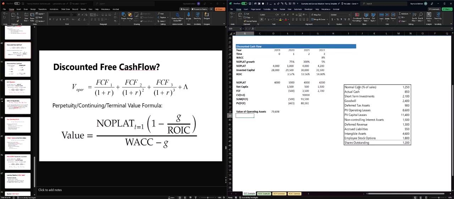So let's start with normal cash. Do we include it or not? Well, normal cash is what we use to run the business, and that should be part of the invested capital, right? And then you have your actual cash. What we need to get is the excess cash.